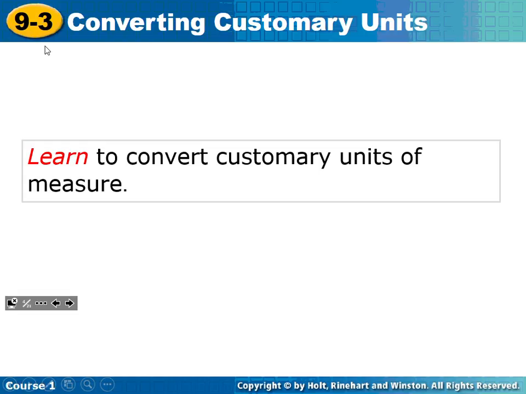I don't know. It's called the customary system. For some reason, it's the system that we use, which is what we're used to. I'm going to show you the metric system tomorrow, and you're going to see how much easier it can be to use, because there's 10 millimeters in a centimeter, 10 centimeters in a decimeter, and 10 decimeters in a meter.